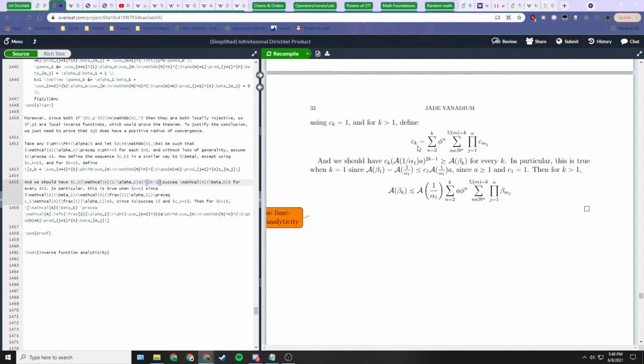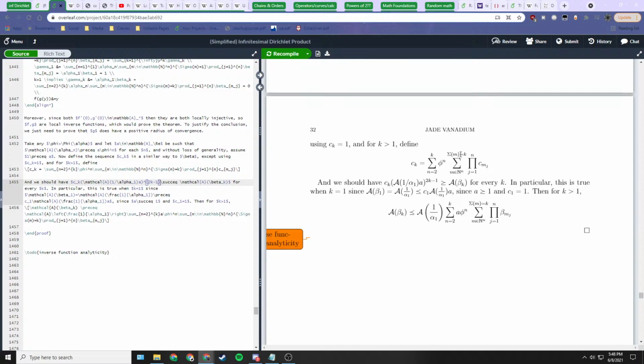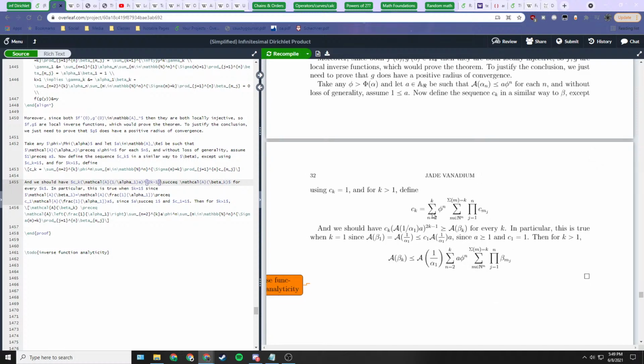Or I can bound c_k with a summation. If instead of doing phi power n, if I assume phi is greater than 1, then I can bound this by just having k times phi power k. Oh no, actually that won't work at all, because then we'll end up with a factorial, as we multiply through k's over and over again.